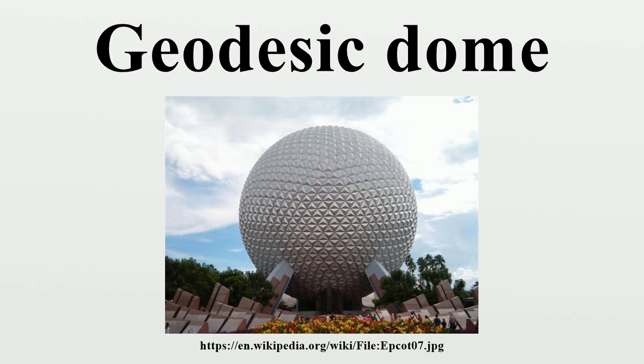Its omni-triangulated surface provided an inherently stable structure, and because a sphere encloses the greatest volume for the least surface area. The dome was successfully adopted for specialized uses, such as the 21 distant early warning line domes built in Canada in 1956.